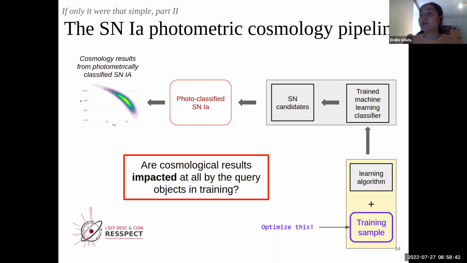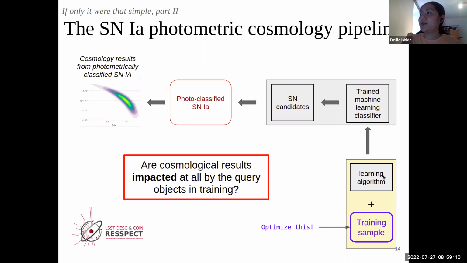So the idea is you have a training sample, and all of this process that I told you about is going to optimize the construction of this training sample. You have a learning algorithm, you put these two together, and it doesn't matter which learning algorithm you are using. The algorithms will differ between themselves, but they will all perform better with a better training sample.